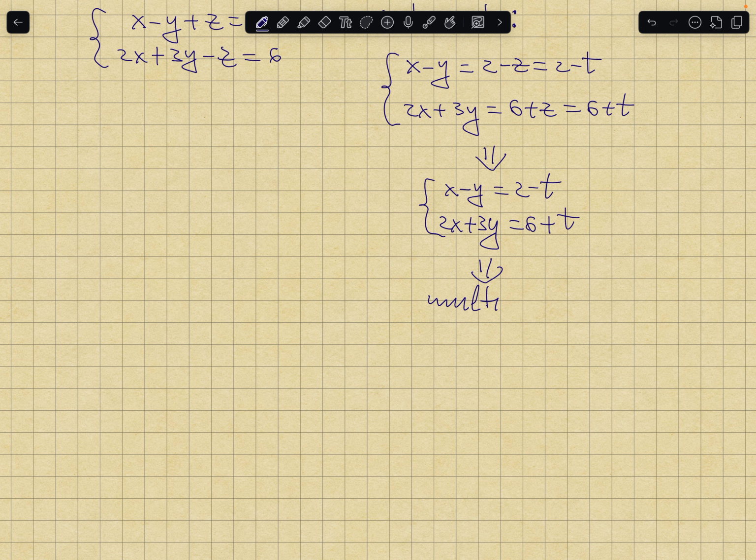Multiply the first equation by 3 and add to the second equation.